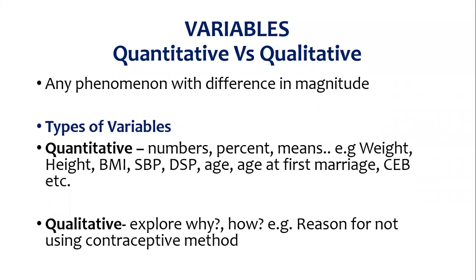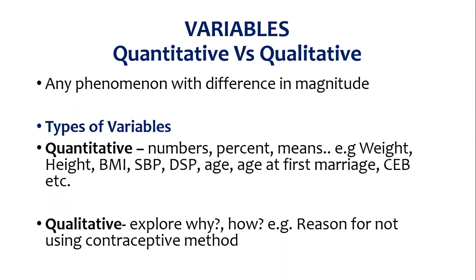We can't start talking without first touching on what a variable is. And it's simple. A variable is a phenomenon with difference in magnitude. So it's an entity that you can assign a value to, and it varies from one person to another. For example, my height is not your height. So our height varies.